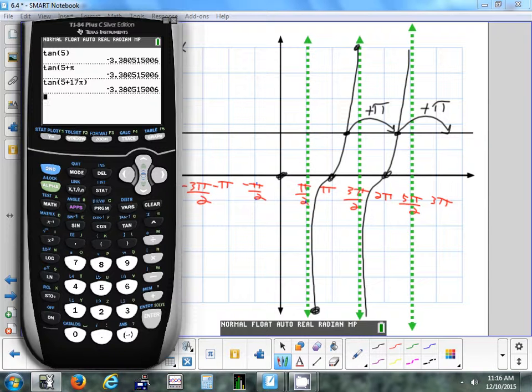Could I add non-integer multiples of pi, like 1.6 pi? No. You have to add a full multiple of the period. You can't add half a period and get to the same spot. How about tangent of 5 minus 89 pi? Same thing. You've just gone back 89 periods on the graph.